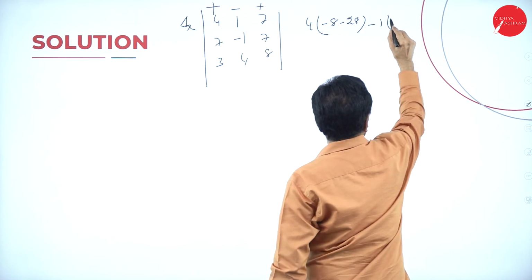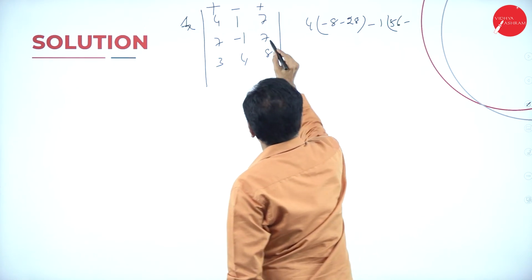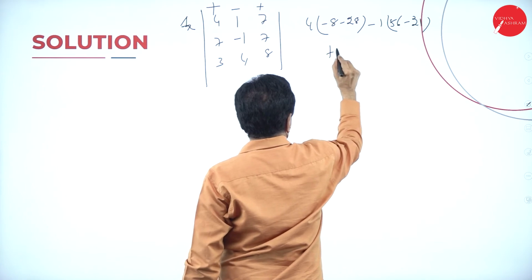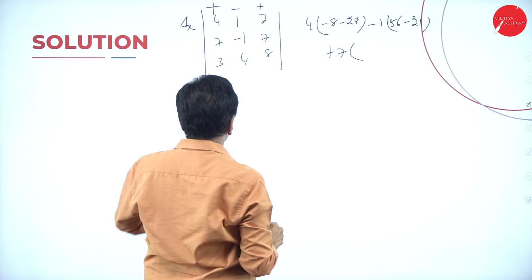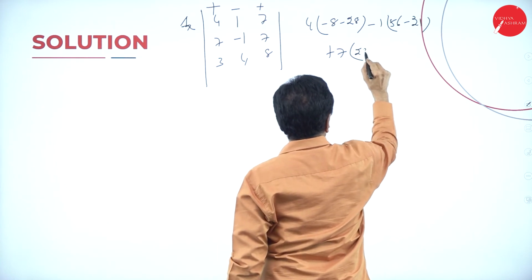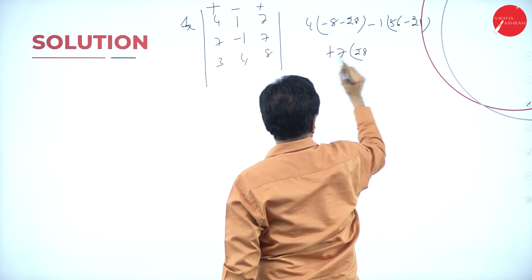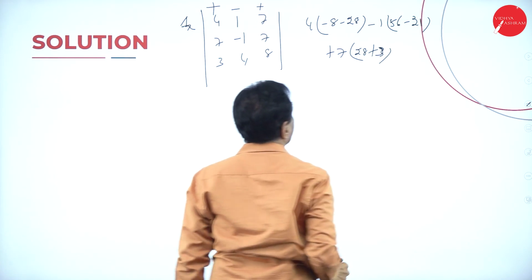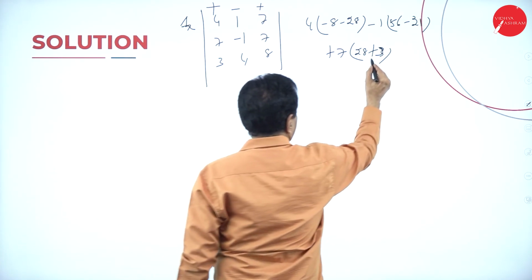7 8s are 56. 3 7s are 21. Plus 7. This will go and this will go. 7 4s are 28. 3 1s are minus 3 become plus 3. This is plus 3.